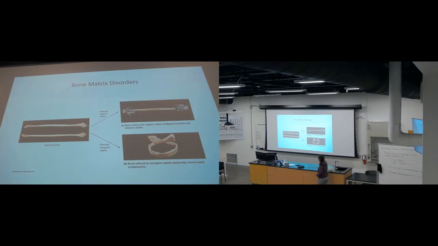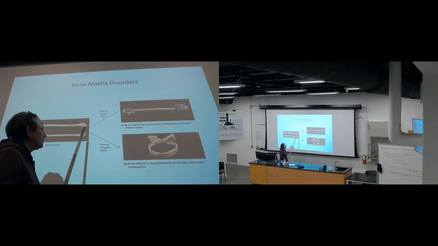So here are examples of some bone disorders, bone matrix disorders. So this is normal bones. These specifically are the fibula. The fibula are located here in our legs, lateral portion. Very thin bones that we have in there.